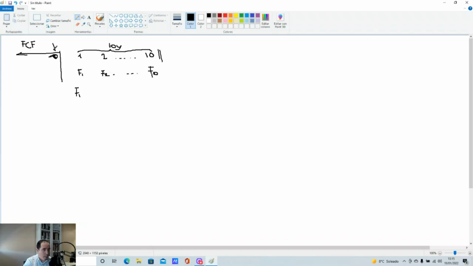Suppose that we are here and you are projecting these years, so we could arrange this in order to consider a certain growth in the free cash flows. That would be the growth of the free cash flow that we are estimating for the next 10 years.